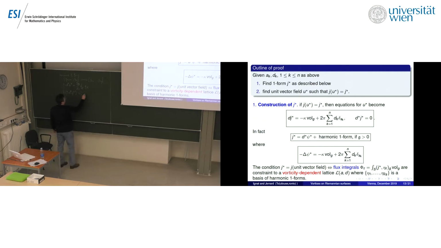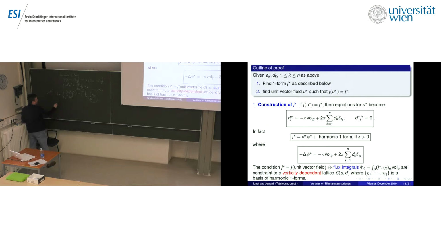Okay, and then you get this. So this is a matrix that is invertible. And what's happening is that if this would be corresponding to a unit vector field, then this is a fixed quantity up to 2 pi.